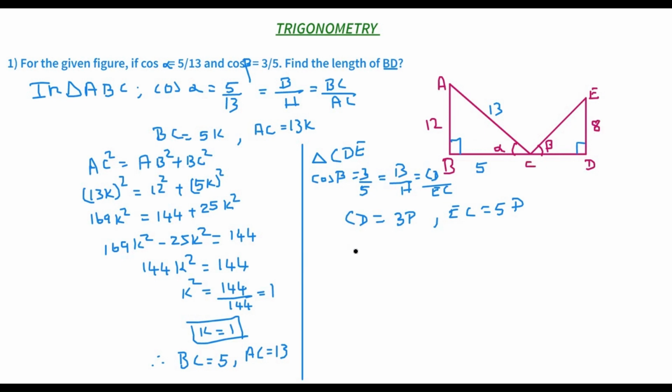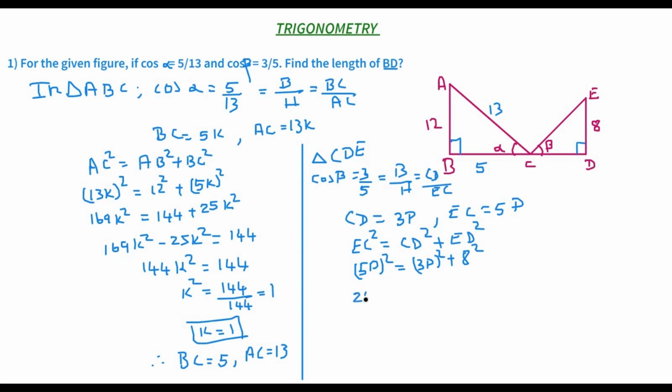So now let us apply, which is our hypotenuse? EC. So hypotenuse square is equal to the sum of the squares of the other two sides, CD square plus ED square. ED, DE, both are going to be the same. So now what is EC? We have 5P the whole square equals, what is our CD? 3P the whole square plus 8 square.